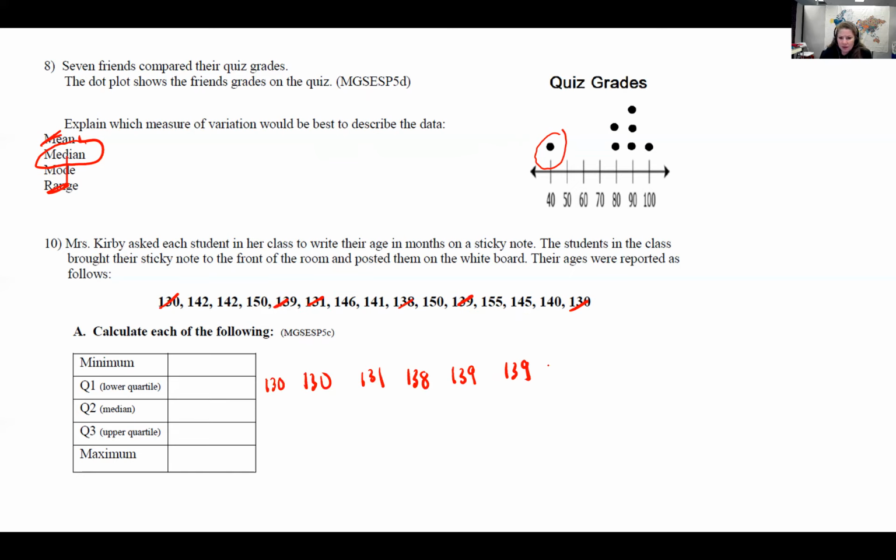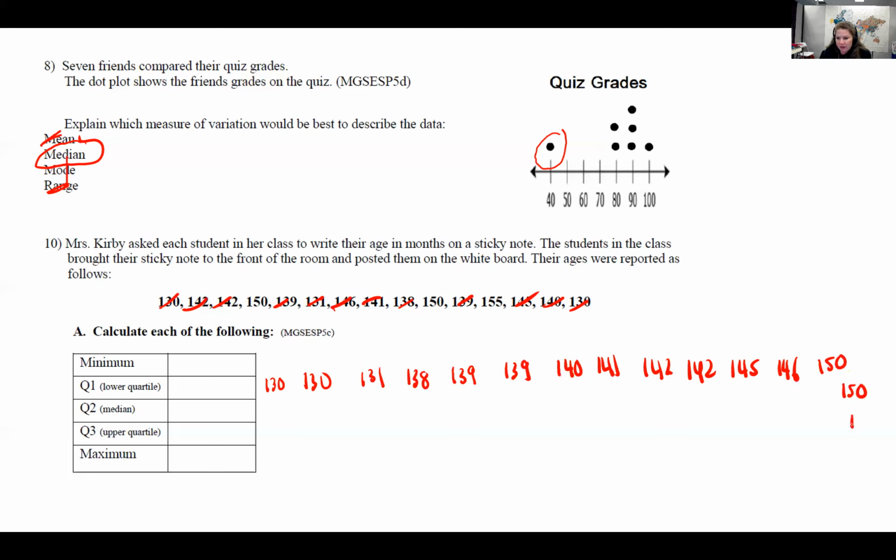Yes, we do. 140. We have a 141. We have two 142s. 142, 142. We have a 145, 145. And then we have a 146. And then we have two 150s.